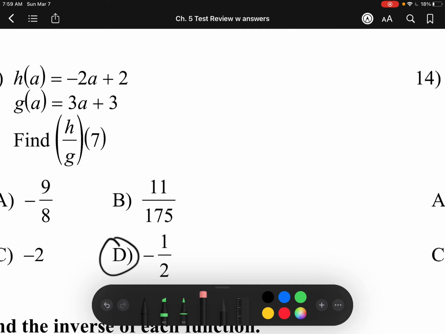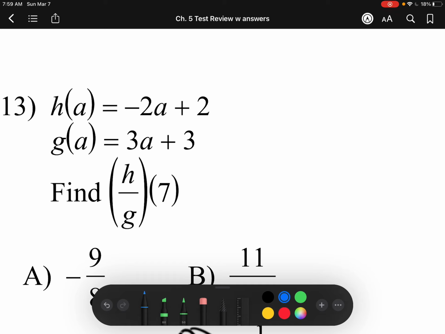So the other way would be to first just plug in 7 here. I mean, we kind of did it, but let's just do it. So we're replacing this with 7, right? So I have negative 2 times 7, which is negative 14, plus 2, which is equal to negative 12. So this is my value for h.